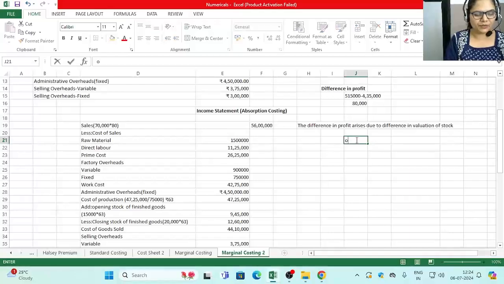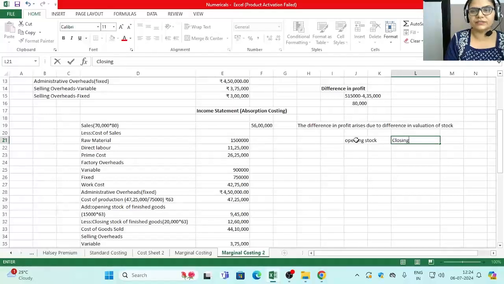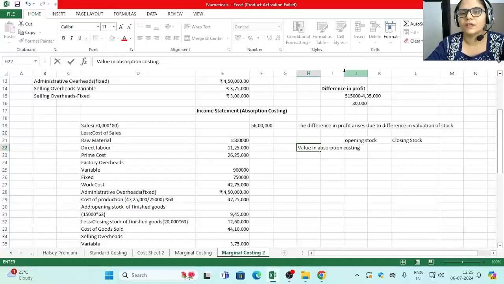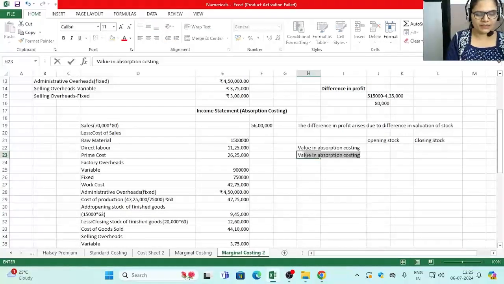First of all, we will write over here opening stock, and then we have closing stock. Now opening stock value in case of absorption costing, and value in marginal costing. Let us explain this concept.